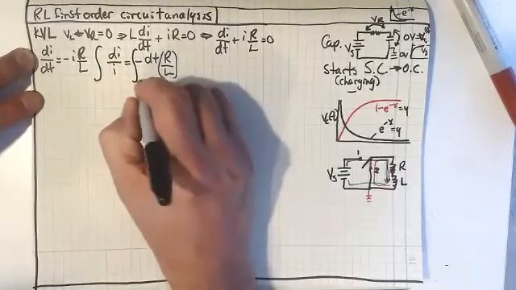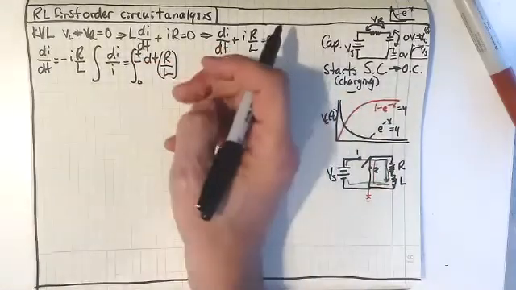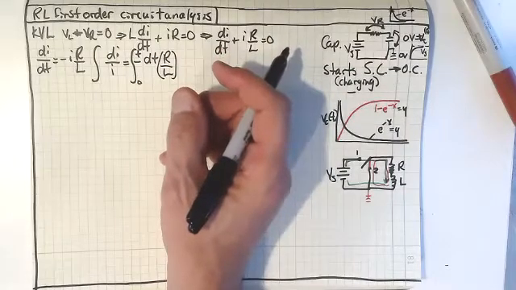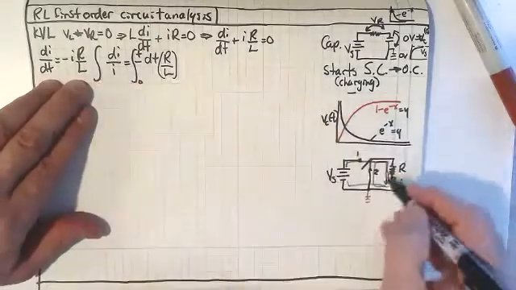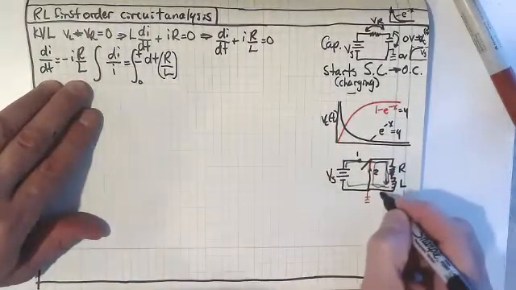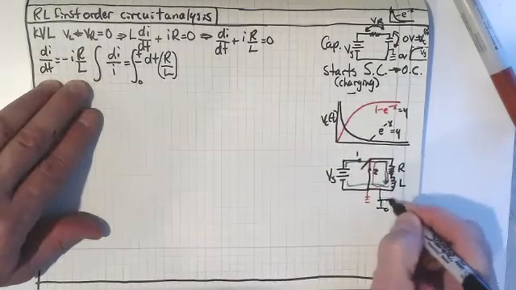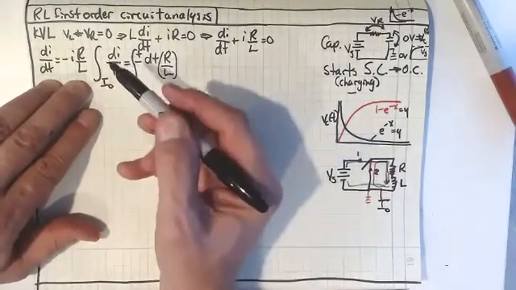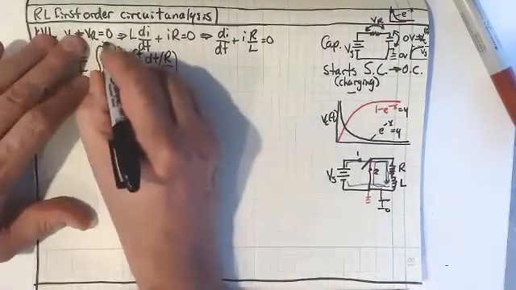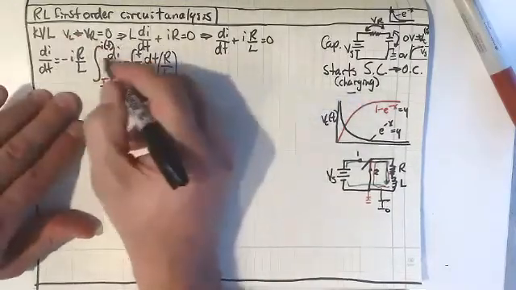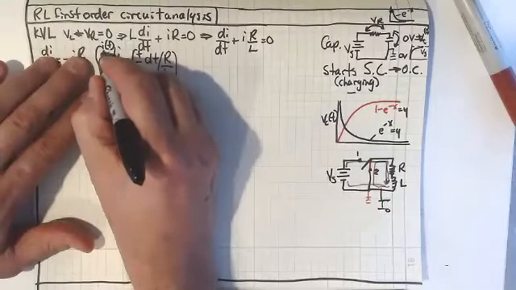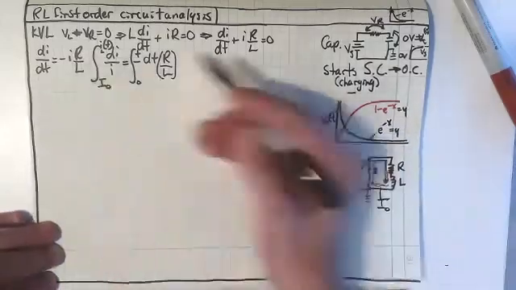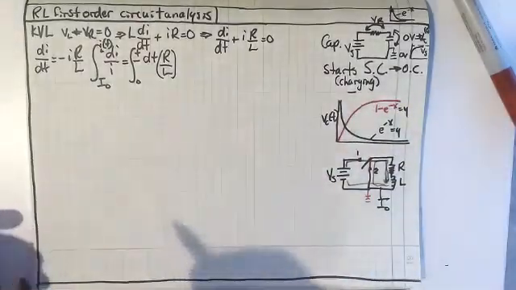That's just 0 to t, just like it was before. But now we want to integrate this one from whatever that original current was. We've got current that's flowing around in here, and that current is I sub 0. So we're going to go from I sub 0 up to I of t, and by I of t, that's the current that's flowing through the inductor. Of course, the current flowing through the inductor is the same current that's flowing through the resistor. So that's fine, right?